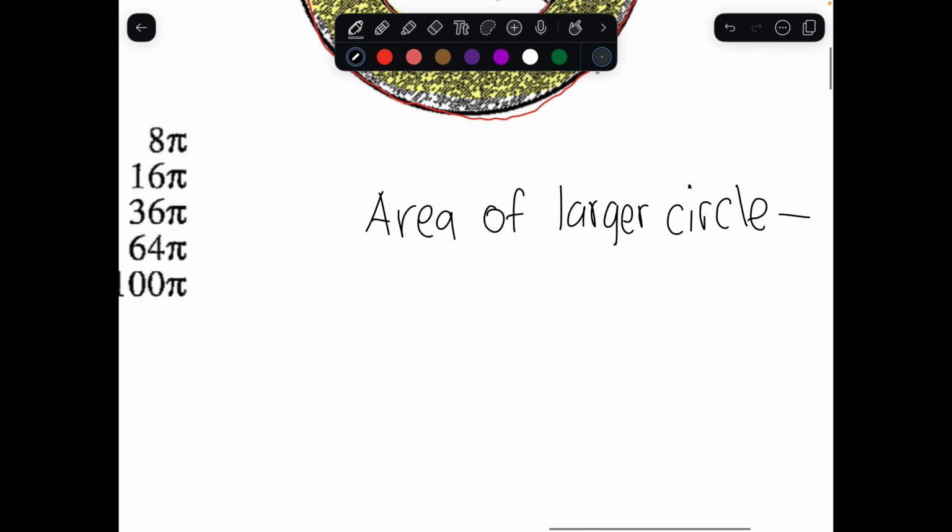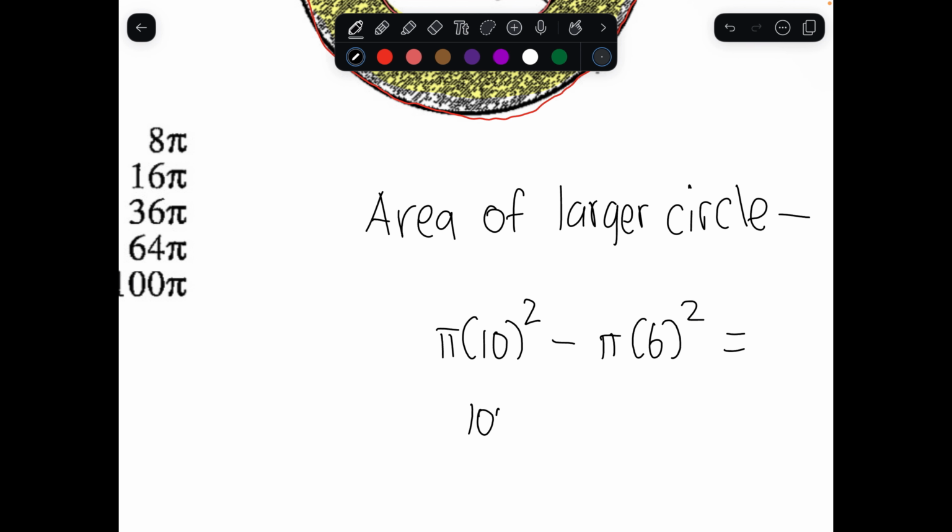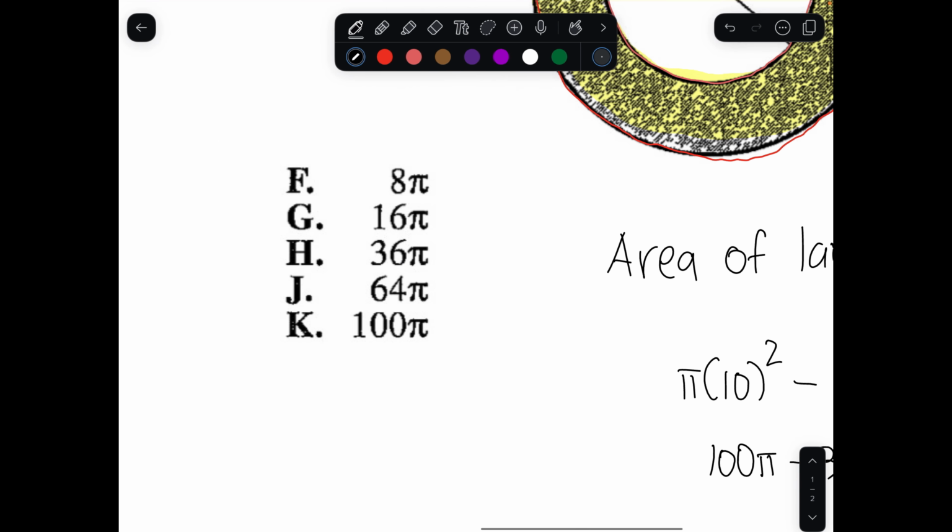So you have pi 10 squared minus pi 6 squared. 10 squared is 100, so you have 100 pi minus 36 pi, right? 6 squared. And this equals 64 pi, which matches J.